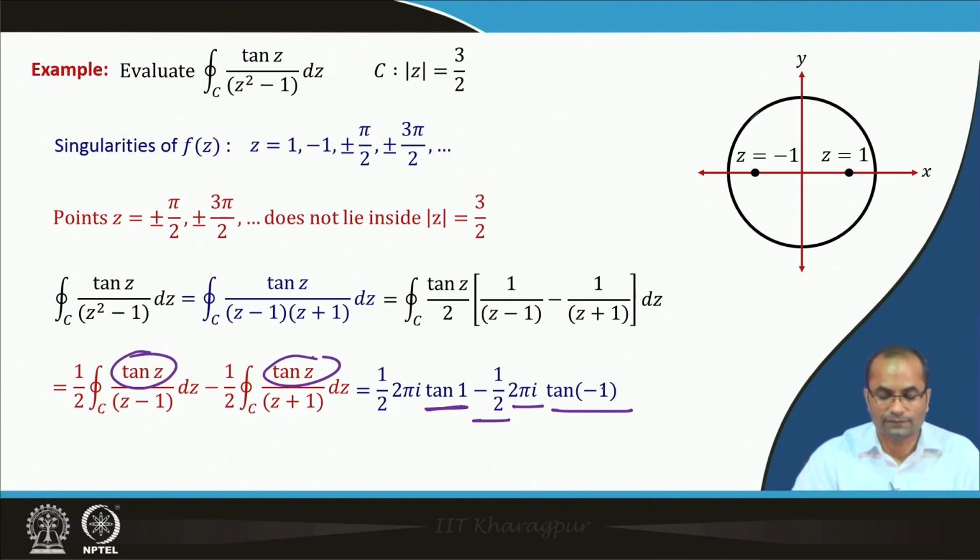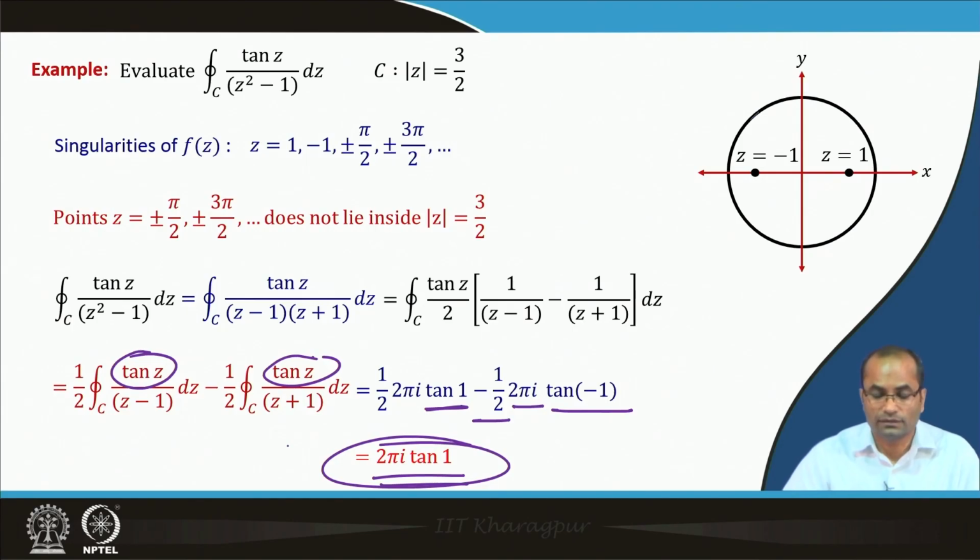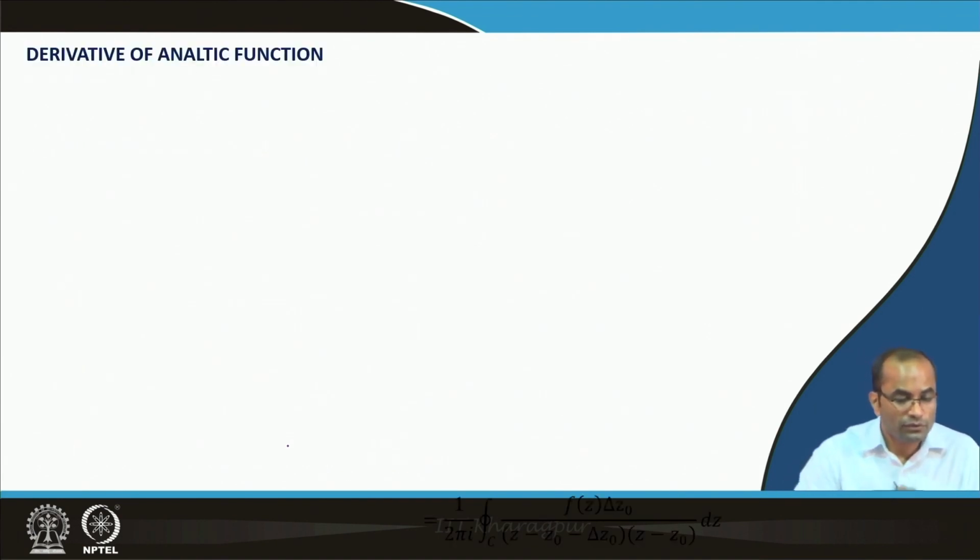So, this is the final result: 2 pi i tan 1, the answer of this integral, which we have evaluated using the Cauchy integral formula. Well, there is another one, the derivative of an analytic function.